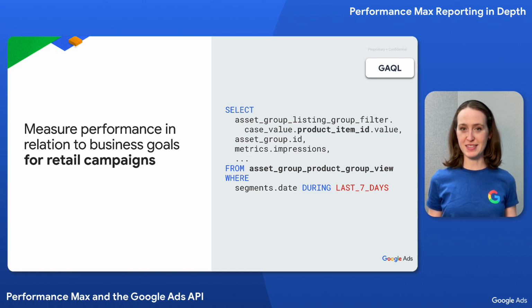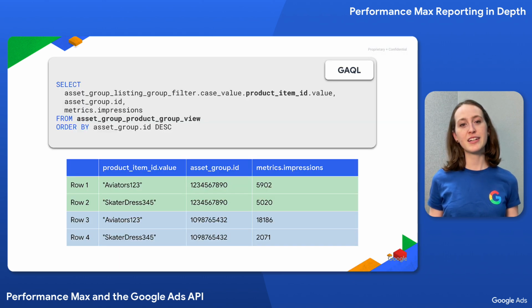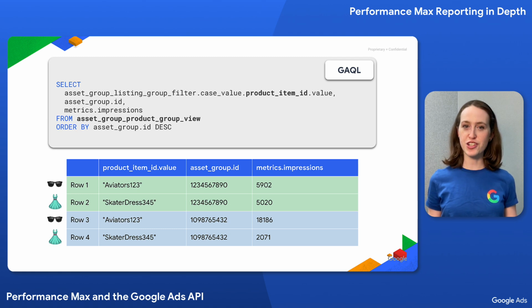You might find, for instance, that some products or categories perform better in one asset group versus another. And in that sense, you can experiment with how different products perform with different groupings of assets. For example, let's say I have a pair of sunglasses and a skater dress that I've paired in 2 different asset groups so that I can leverage different creatives or reach unique audiences for each group.